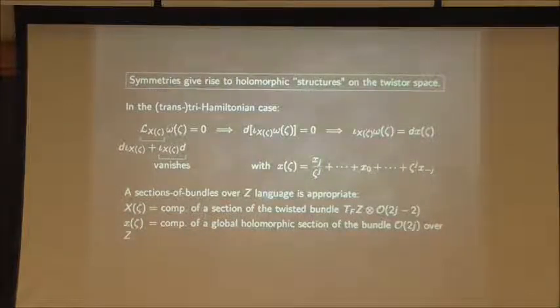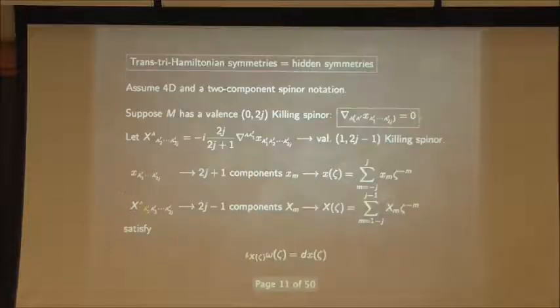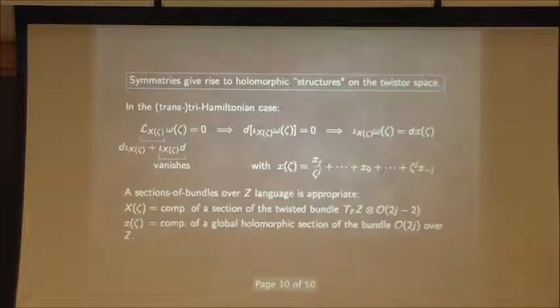And if you notice that x is twisted by O(2j-2), omega is twisted by O(2), then this is going to be twisted by O(2j). And the appropriate language there is fiber bundle language, but I'm not going to go there. May I ask a question? Yes, please. So X of zeta itself is an O(2j)?